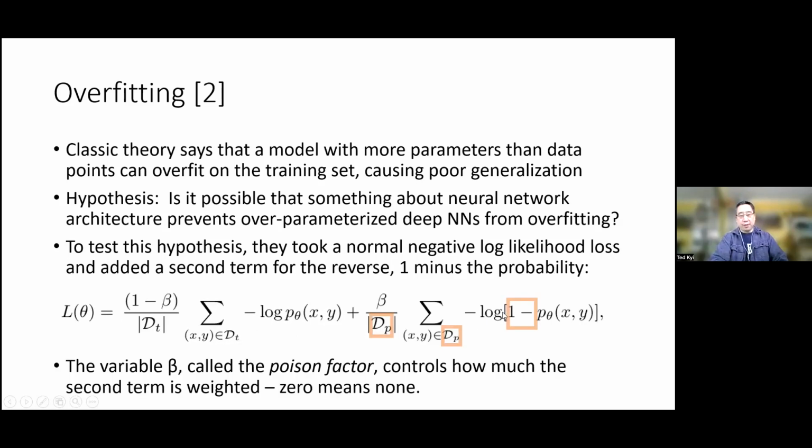What they've done, though, is they've added a second term, and the only thing different about this term is that instead of the negative of the likelihood here, they have 1 minus, so it's the reverse.